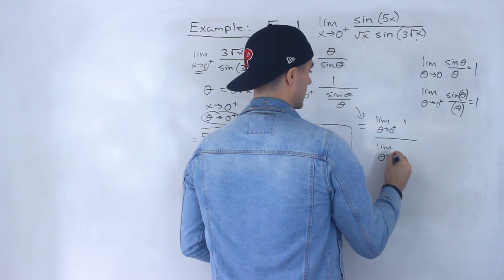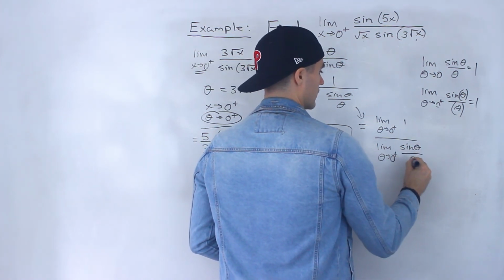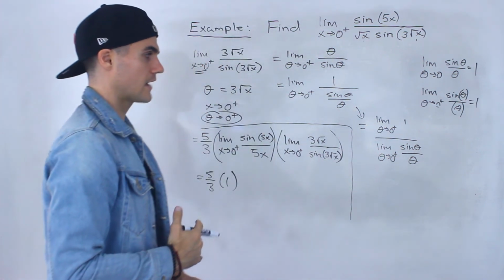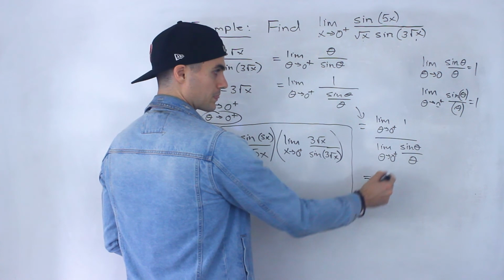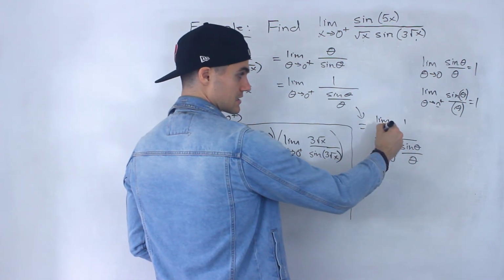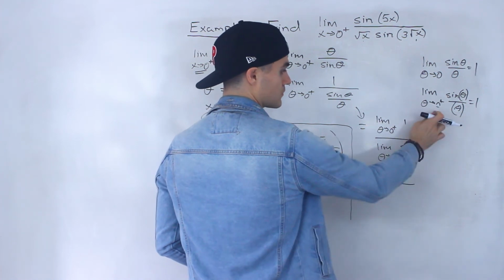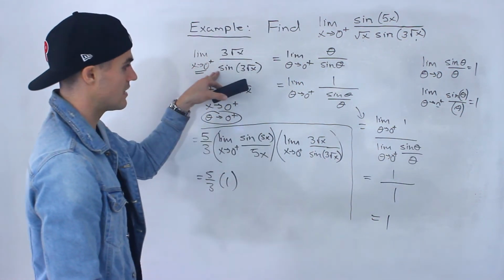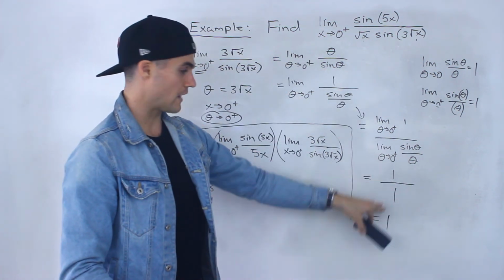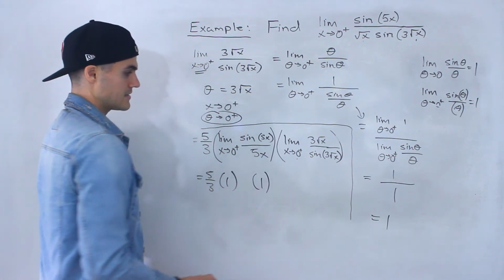So I know this is kind of like over the top of showing work, but just want to break everything down properly. So limit as a variable approaches something of a constant, it's just that constant, and then this we know is equal to 1. So the whole thing is going to be 1. So the limit of this with all of that work is equal to 1. So this here ends up being 1.